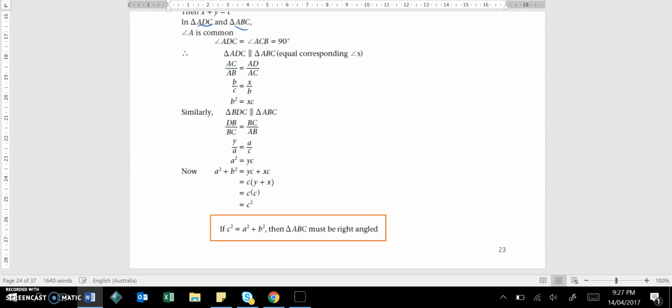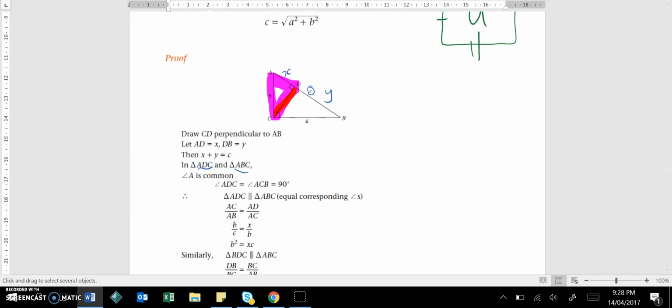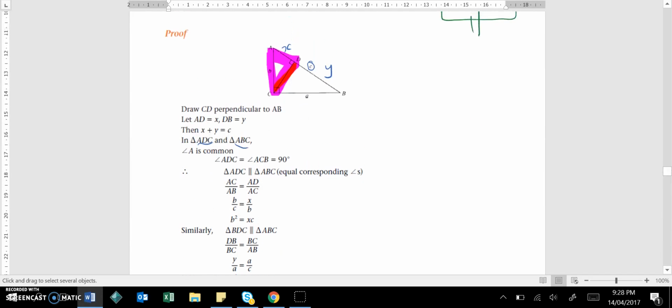We've got angle A is common, angle ADC equals angle ABC, which is 90, and therefore it's three pairs of matching equal angles. And then we use the ratio of sides.